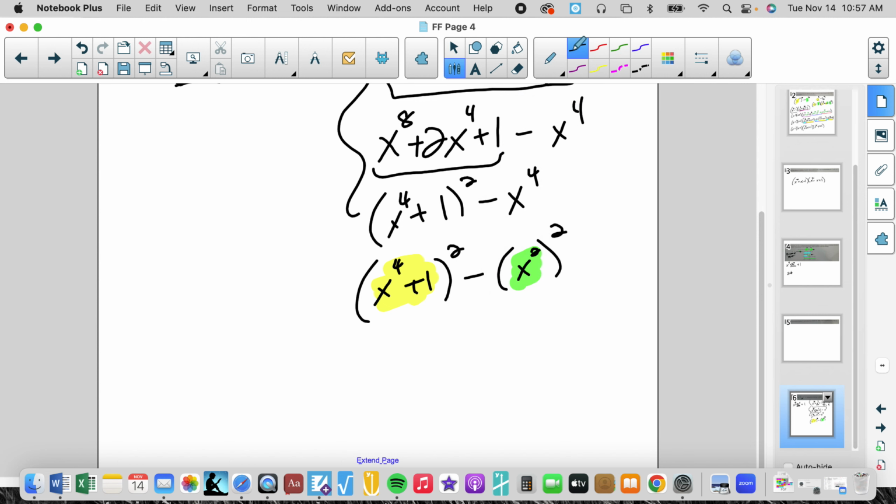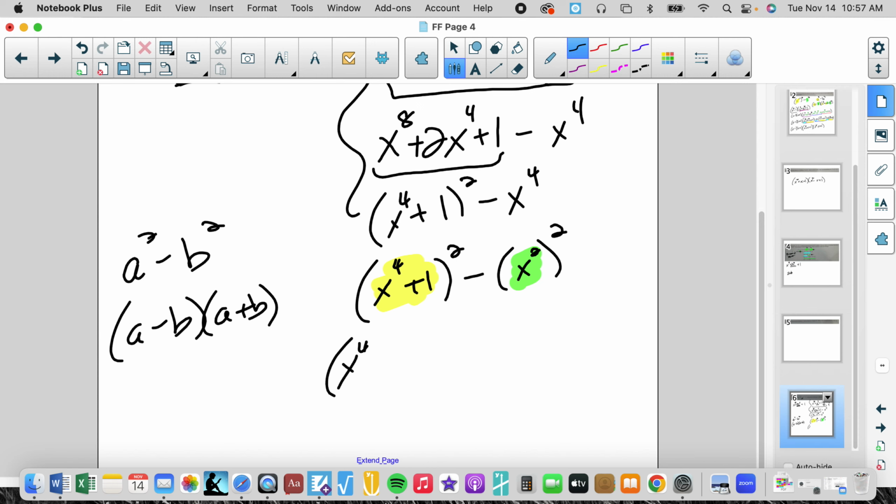So we remember that a squared minus b squared equals a minus b, a plus b. So this is my a value, so that's going to be x to the 4th plus 1 minus x squared. And it's going to be my a value, x to the 4th plus 1 plus my b value, x squared.